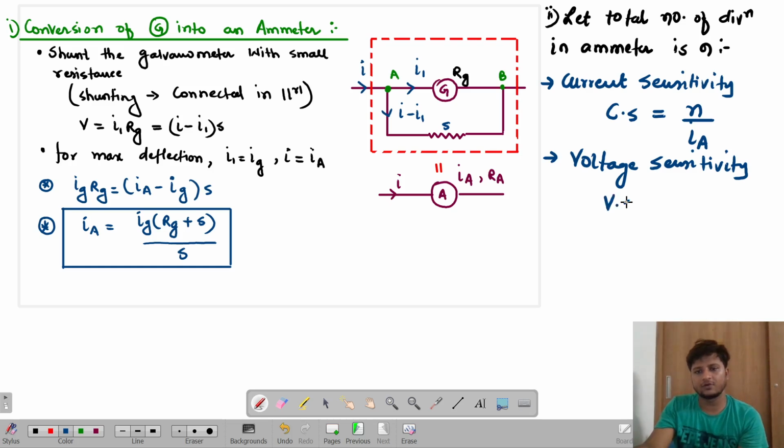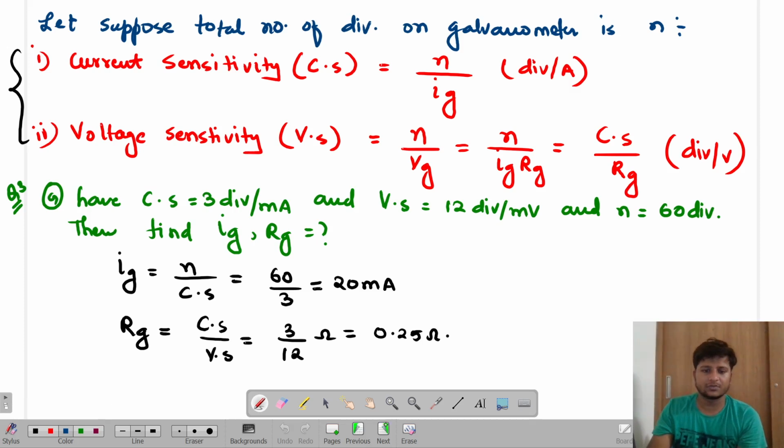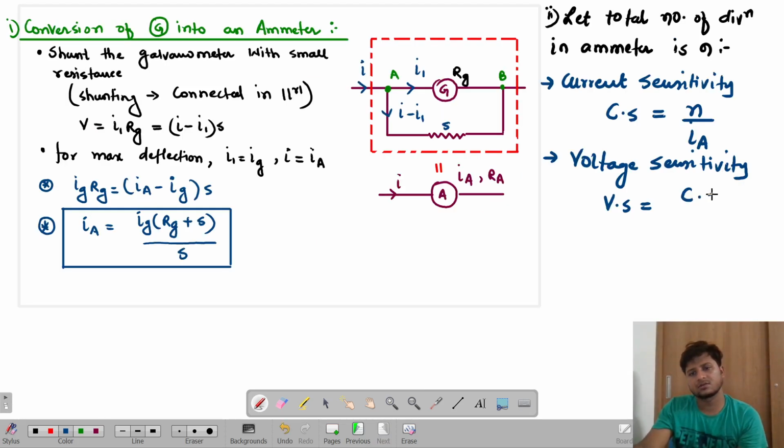Voltage sensitivity is equal to CS by RG, but this time it will not be CS by RG, it will be CS by R of A.